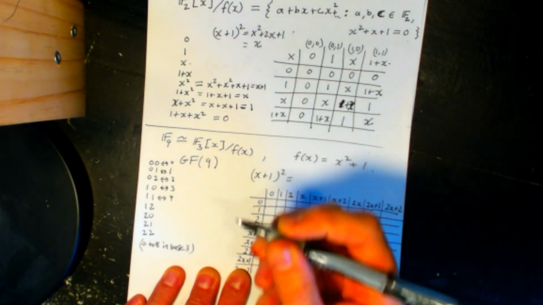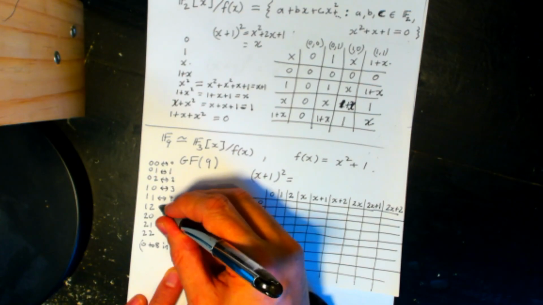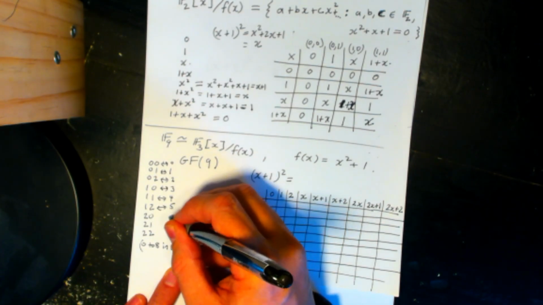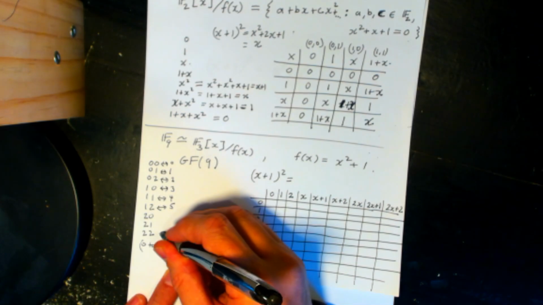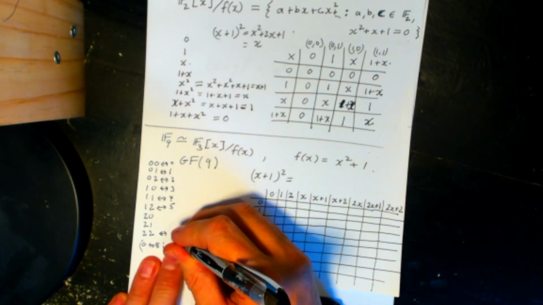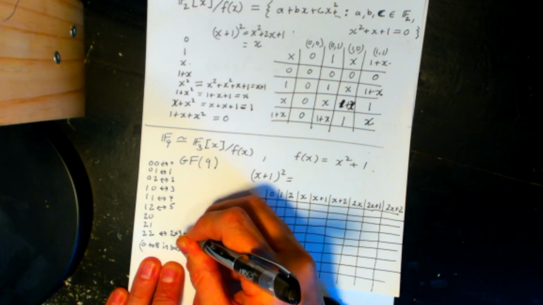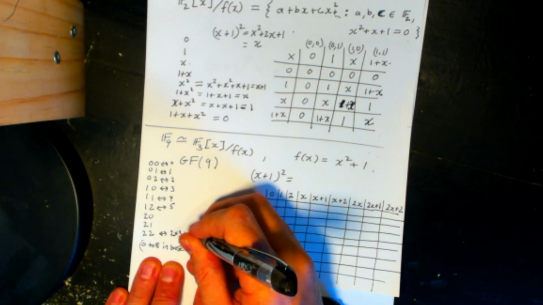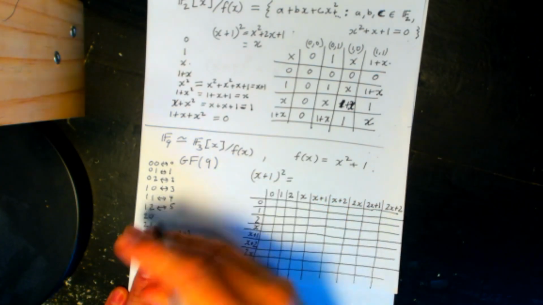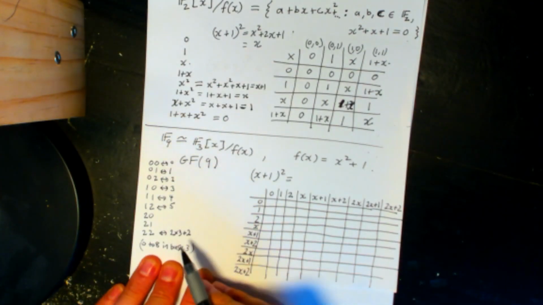This is the number 4 in base 3, 5 in base 3, and so on. And this down here is 2 times 3 plus 2, right? But it's probably the other way around here. It's a little bit confusing as to the order.